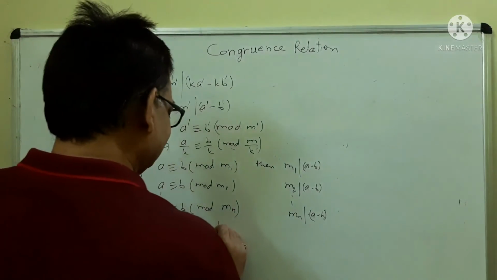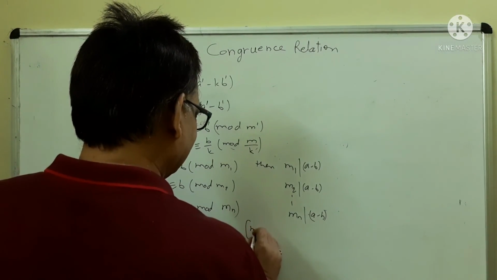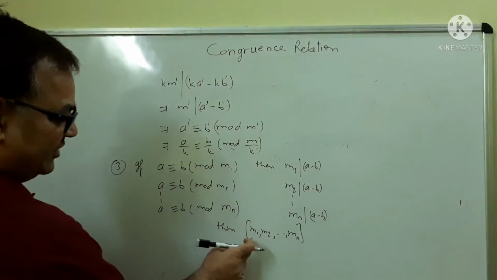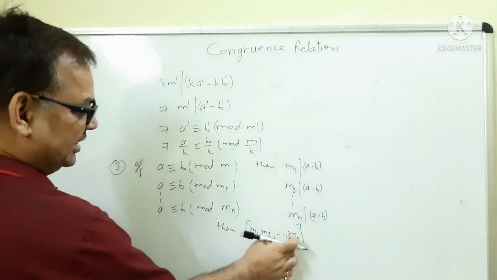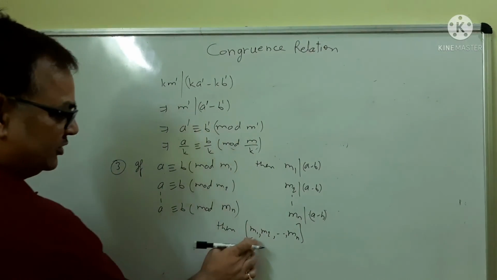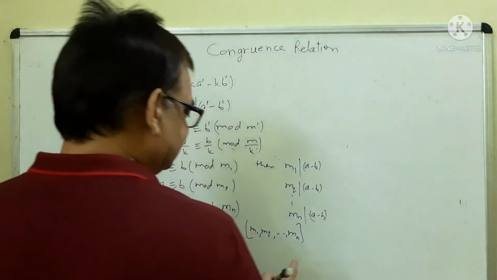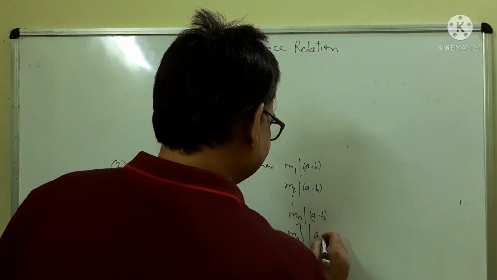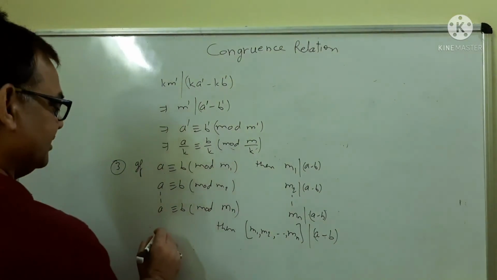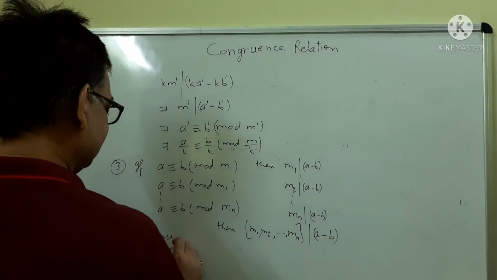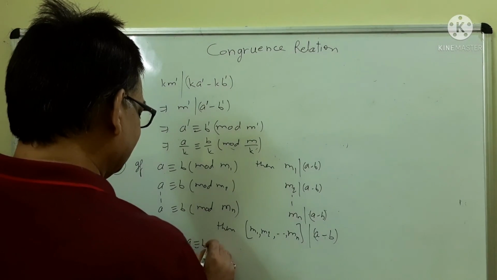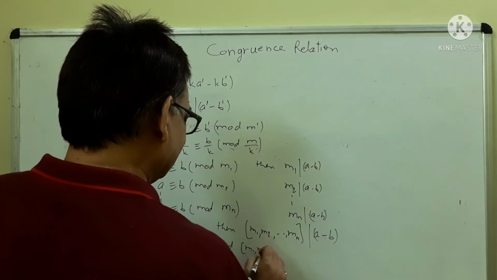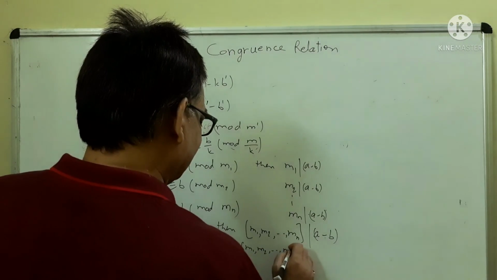The LCM of m1, m2, up to mn is denoted by writing m1, m2, up to mn in square brackets separated by commas. Then the LCM will also divide a minus b, and hence a is congruent to b mod LCM of m1, m2, up to mn.